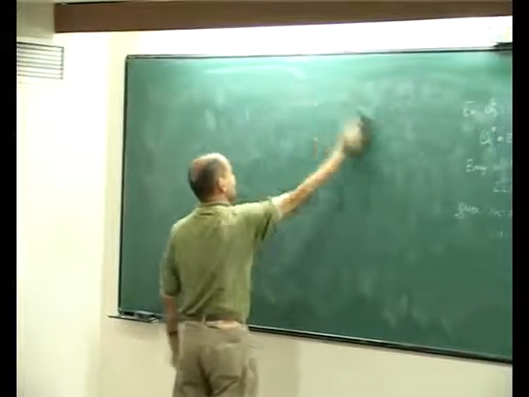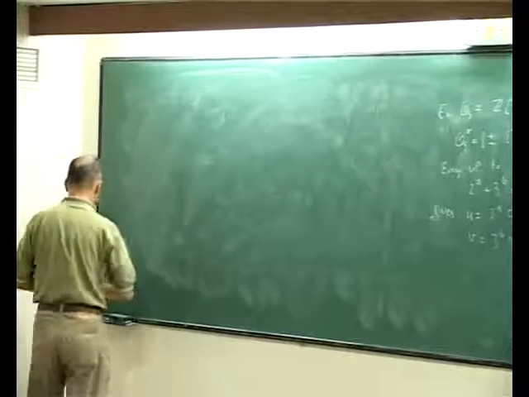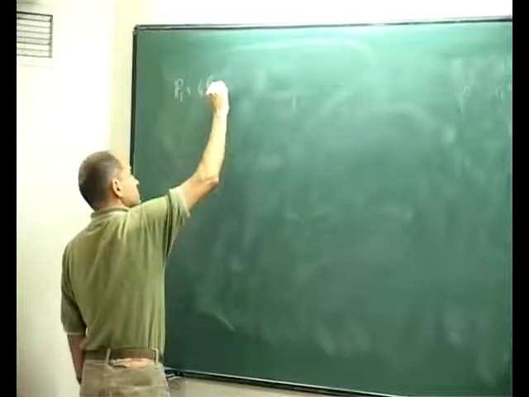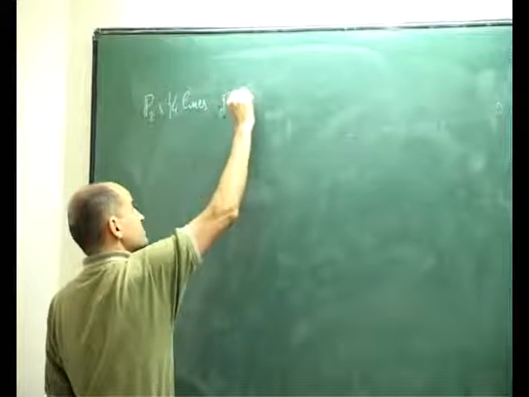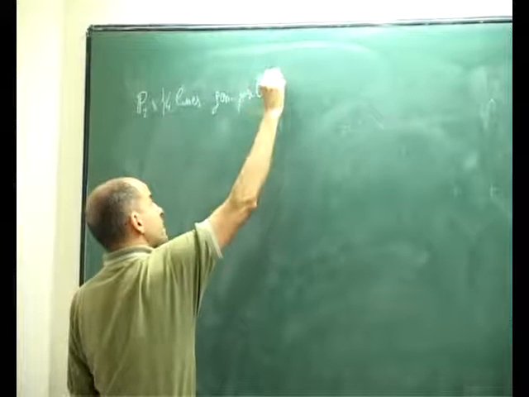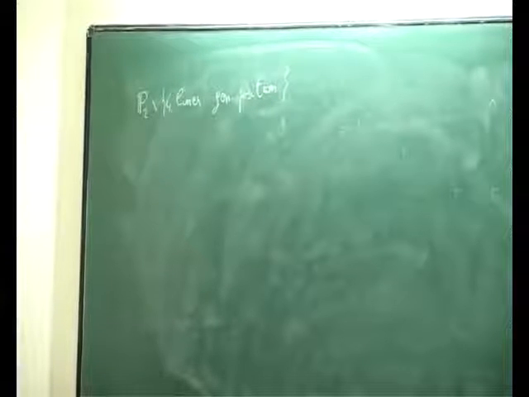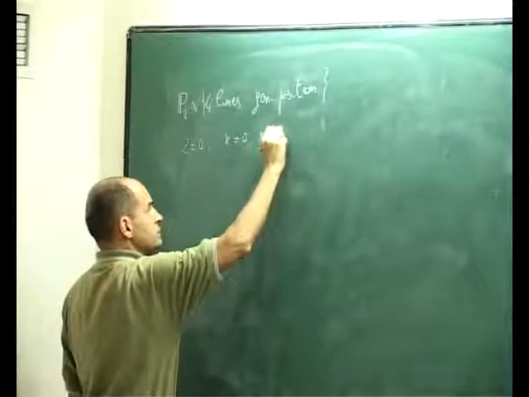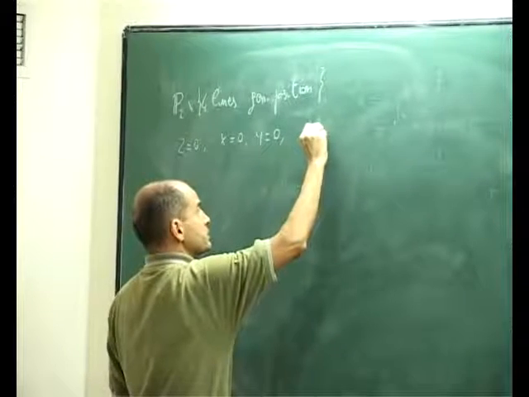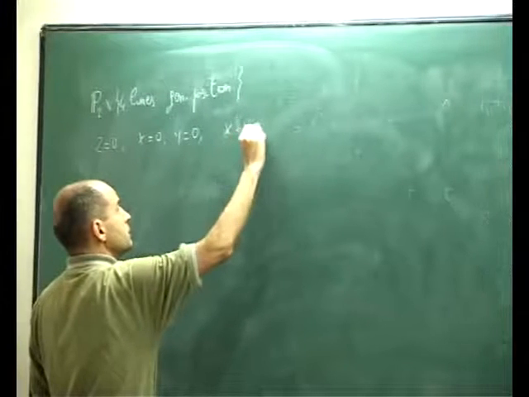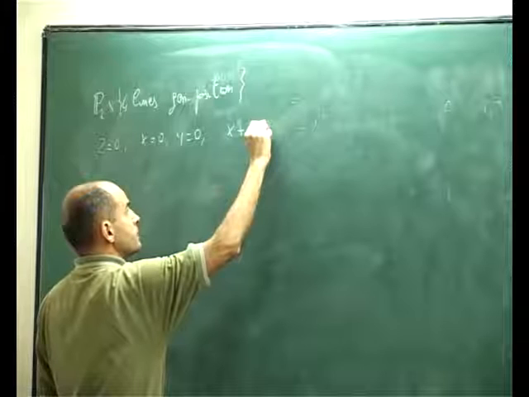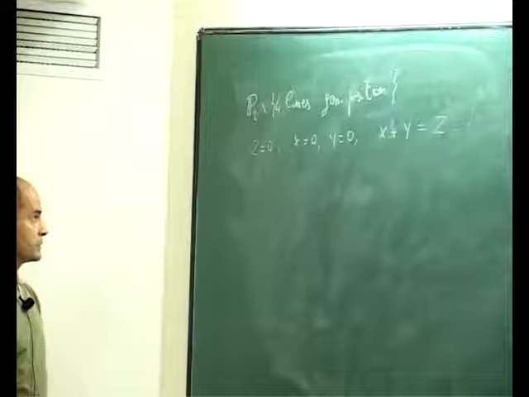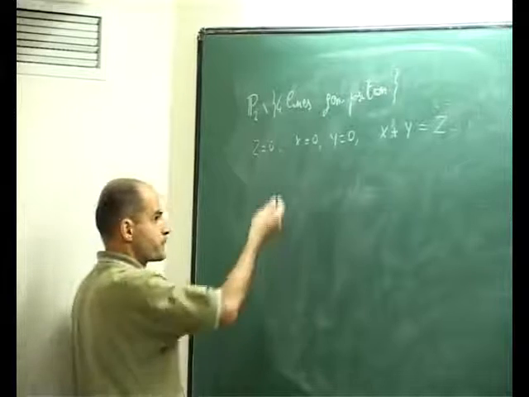Four lines in general position. So we can suppose the lines are z equals 0, x equals 0, y equals 0, and x plus y equals 1. Okay, so now we obtain the point.